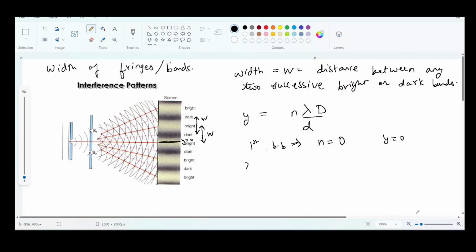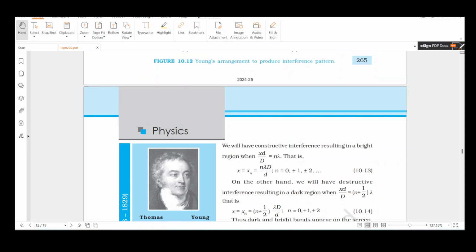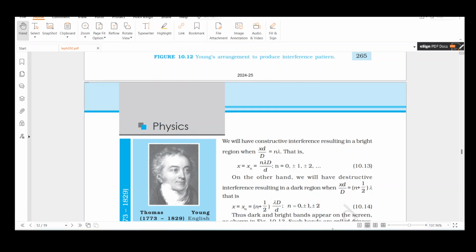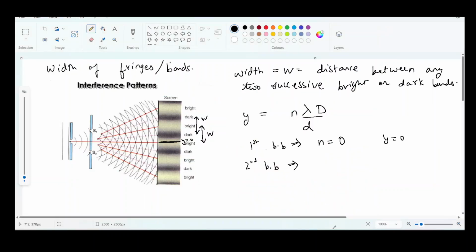Then the second bright band. By the way, if you are wondering why the textbook gives plus minus, you see over here, it is plus minus 2, and so on. The reason is that if you are taking plus, you are taking this bright band. If you are taking minus, you are considering this bright band. So there are two sides, above and below. This is the y-axis, so if this is plus y, you also have minus y.